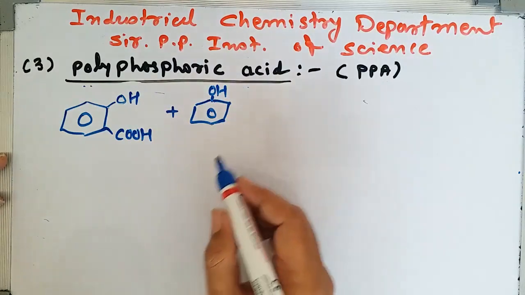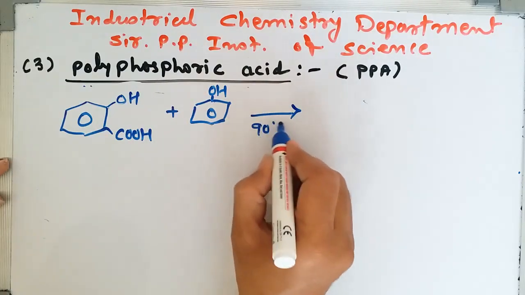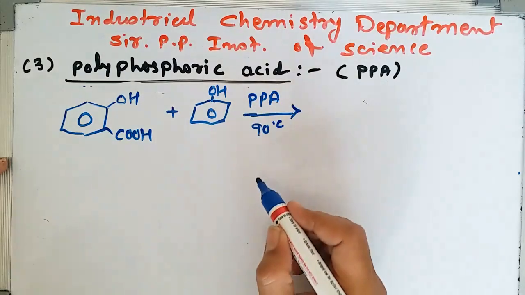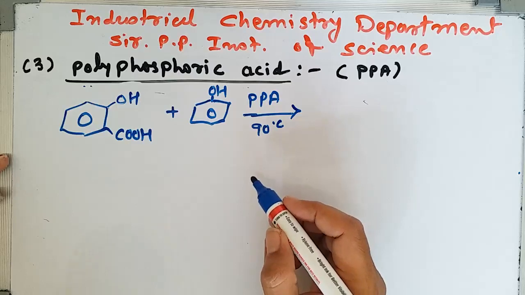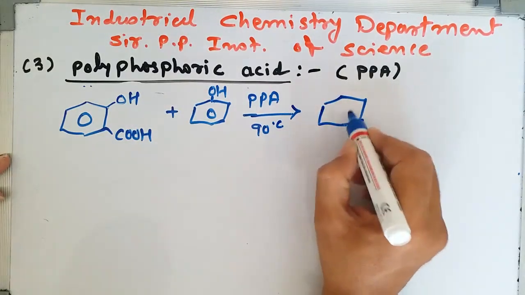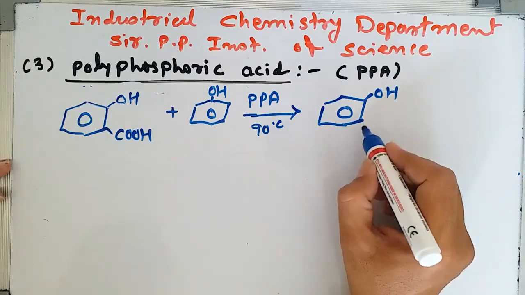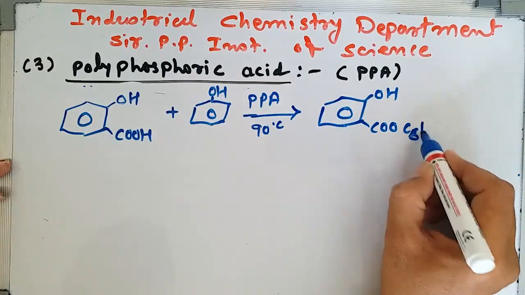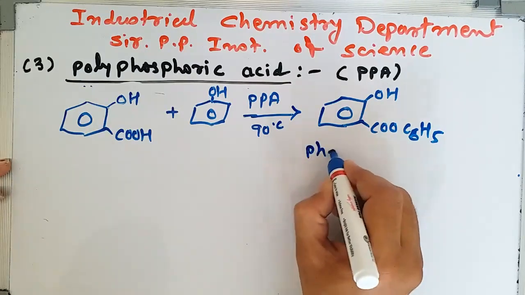Salicylic acid and phenol are treated at 90 degrees Celsius with the help of polyphosphoric acid. It is converted into the ester COOC6H5, and this is phenyl salicylate.